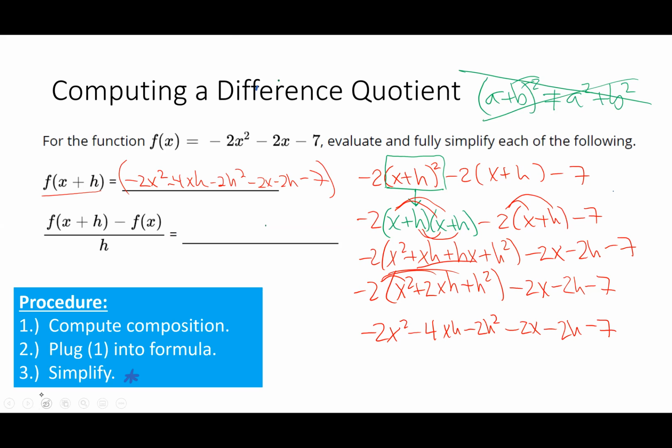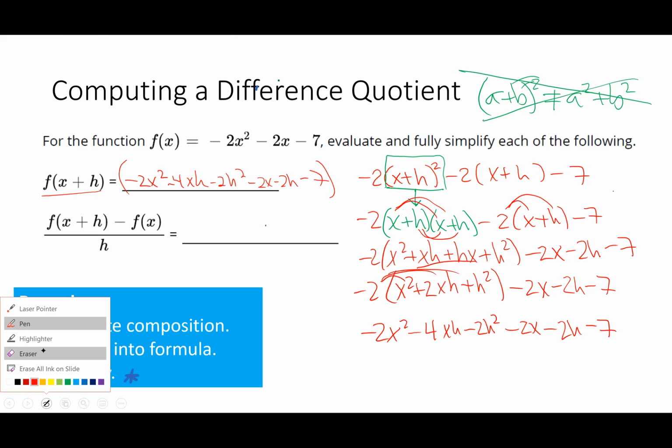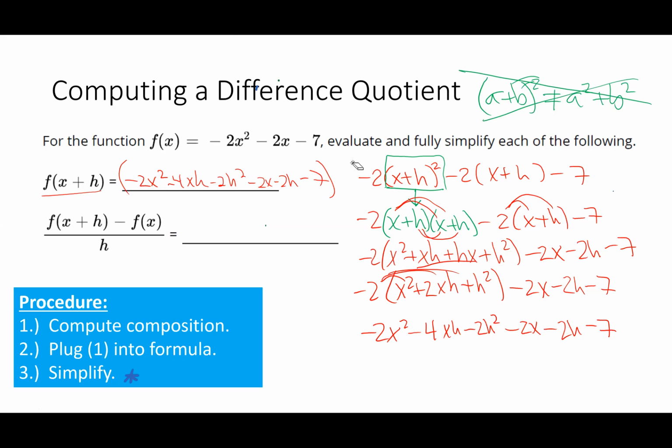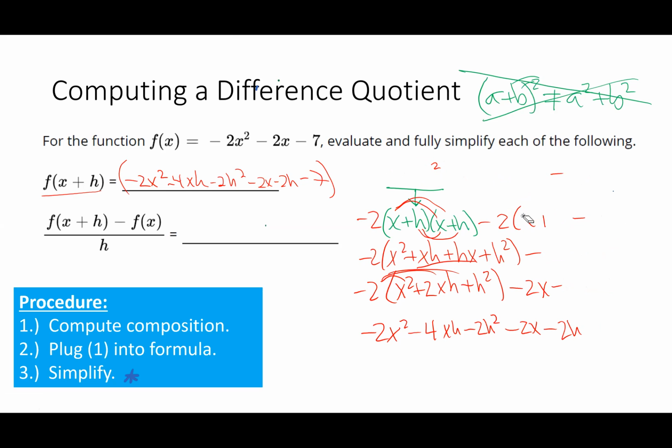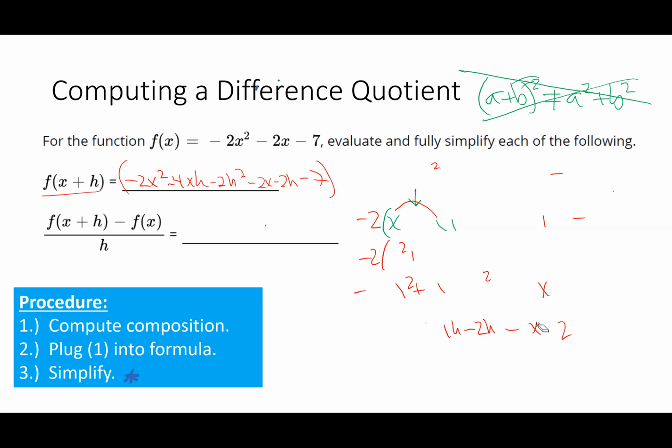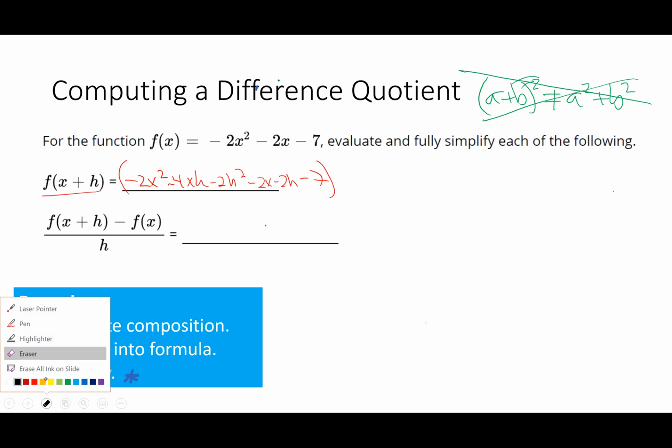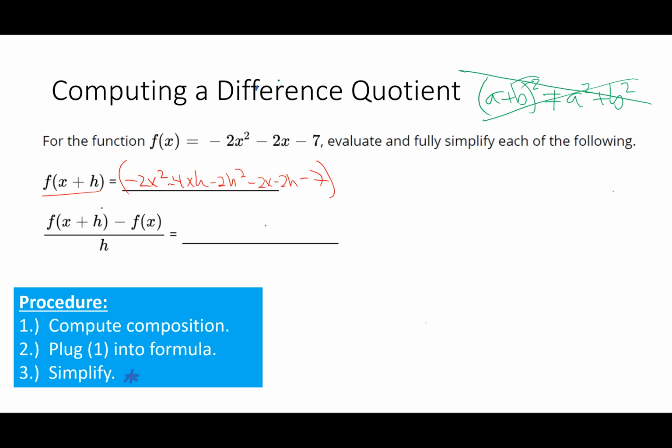All right, now we still have a little bit of work to do if we want to compute the actual difference quotient, which is what we're doing in the second part of the problem. Truthfully, if we didn't even do the first part of the problem, we would have had to do it anyway. But what you're doing is you're going to take that result from the first part of the problem, and you're going to use that here in your formula.